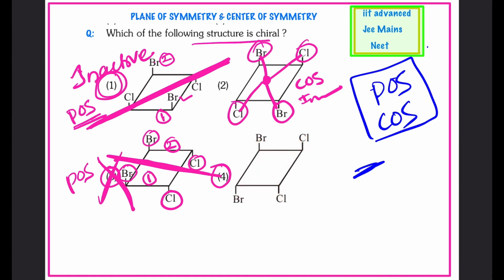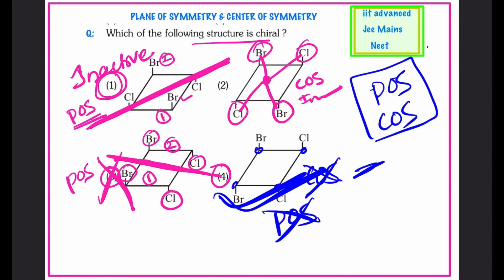So in option 4, POS is missing. Even COS is missing. All 4 chiral centers are present. So due to these 4 chiral centers, it is optically active, and the answer for this question is optically active. Option number 4 is the right answer.